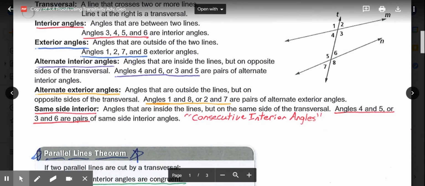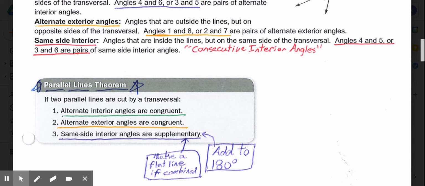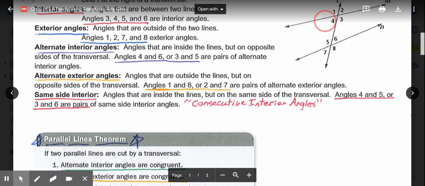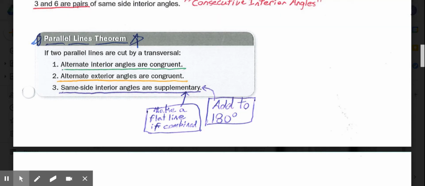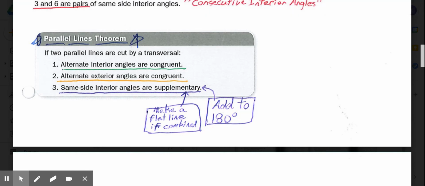So 7 and 2, 1 and 8, both would be congruent to each other. And then the third part of that theorem says same side interior angles are supplementary, meaning angles 4 and 5, if M and N were parallel, 4 and 5 being supplementary, add to be 180 degrees, or they make a flat line when combined.